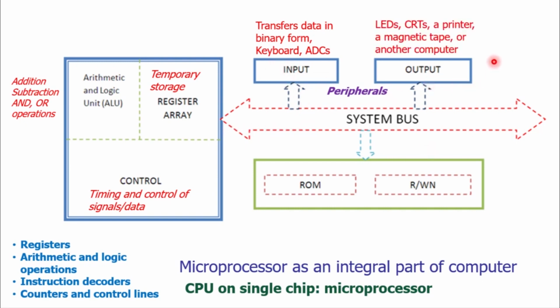If the microprocessor is utilized in a microcontroller, then the output would be given to the actuating device through a signal conditioning device such as a DAC, a digital to analog converter. But if it is a microcomputer, then the output would be simple display devices such as LEDs, CRTs, or a printer or a magnetic tape.